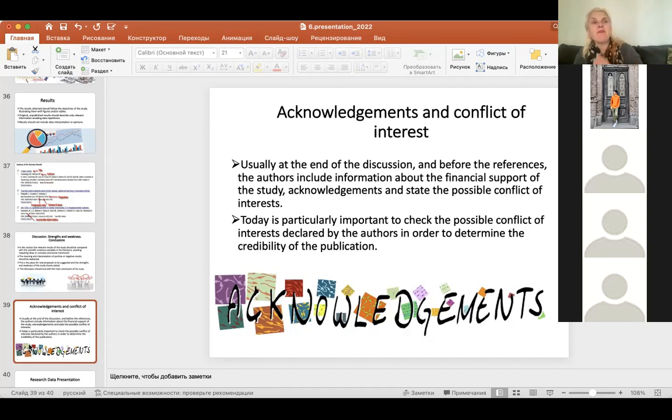Usually European researchers and Asian researchers write acknowledgement to grant organizations and donor organizations for supporting us.